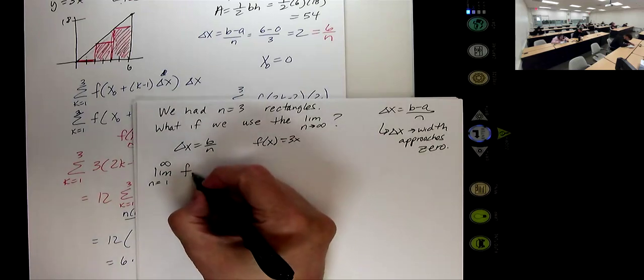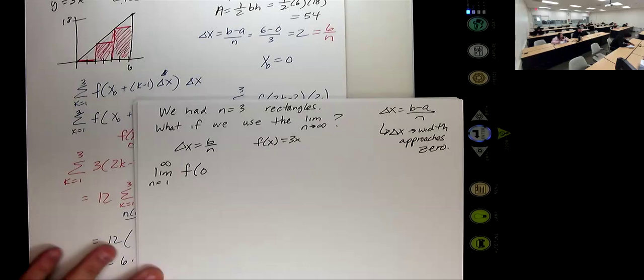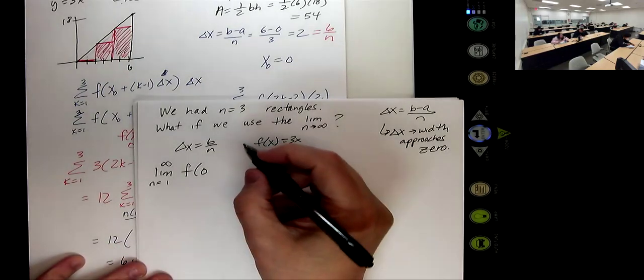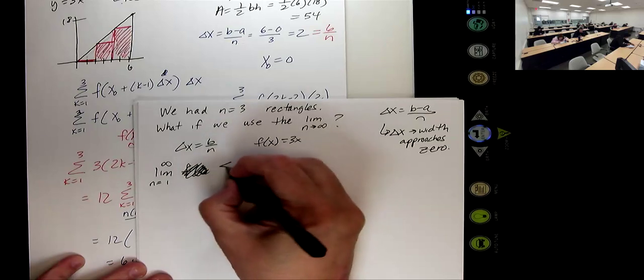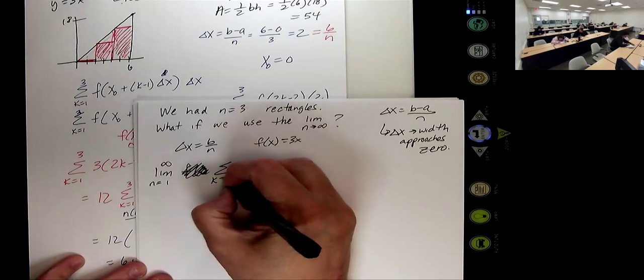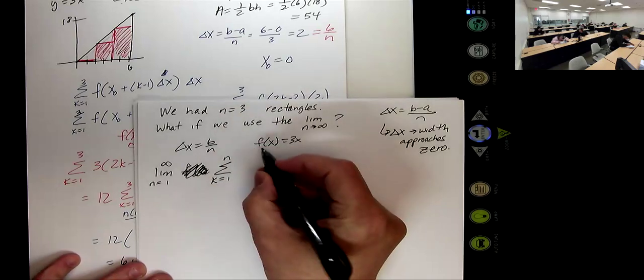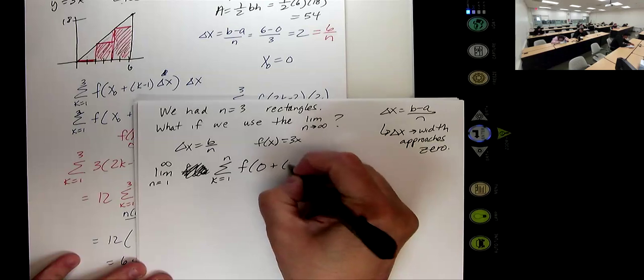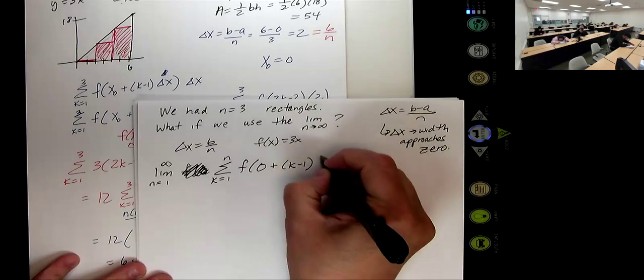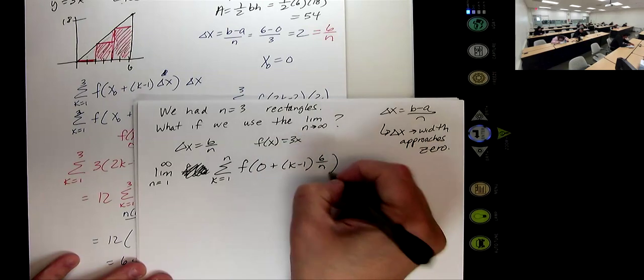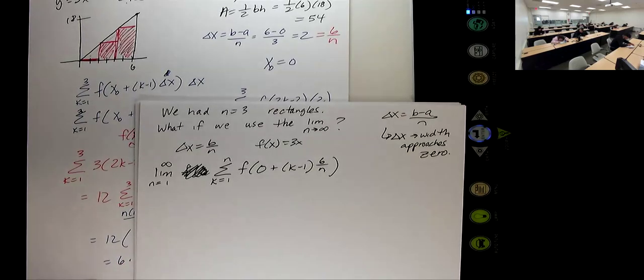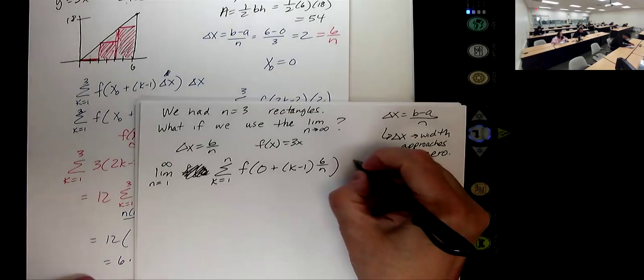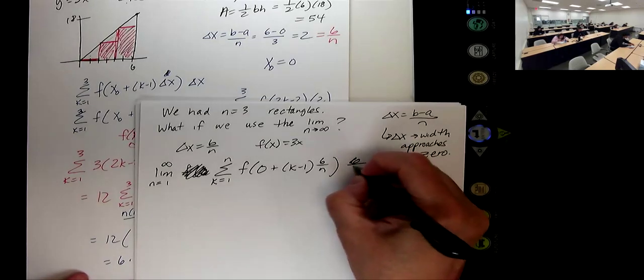Of f of 0, that was our x naught. Wait, I need a summation in here. F of 0 plus k minus 1 times 6 over n, that's my delta x. And then I had another delta x on the outside, 6 over n.